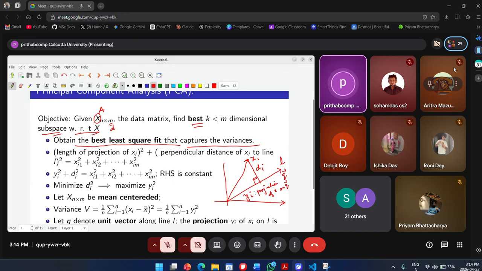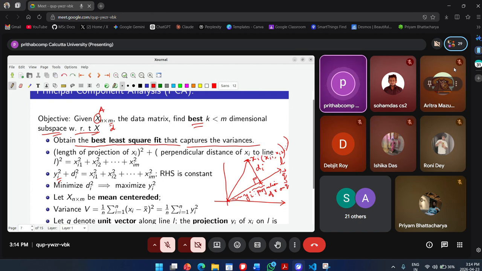Our simple geometric observation says that the length of the projection, basically this yi, squared, plus the perpendicular distance of xi to the line L, squared, is equal to this. This xi has components xi1, xi2 and so on.